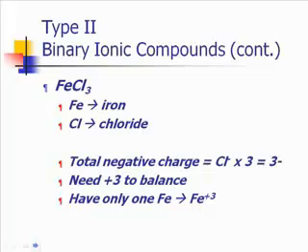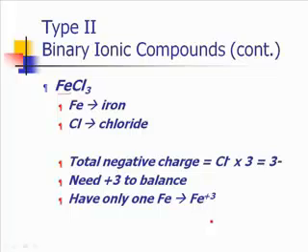So what we have to do is look at this compound and ask, what is it? Go to your anion and figure out what is my total negative charge. It's a -3 in this case. I have 3 chlorides, and each chloride is a -1. So I have 3 chlorides accepting electrons, which means I need something that's going to give me 3 electrons. And since in this formula I only have one iron, that iron has to be the +3 iron.